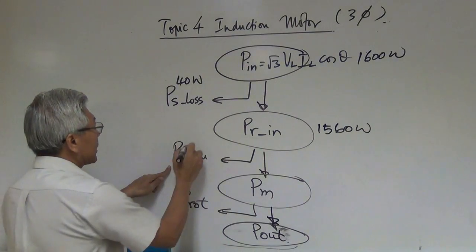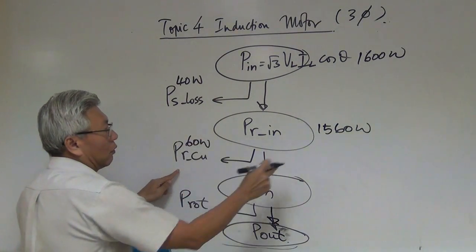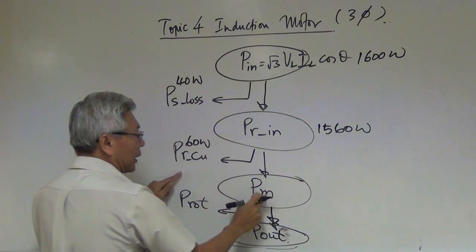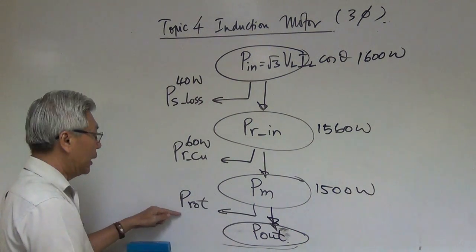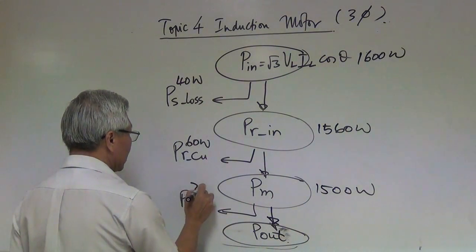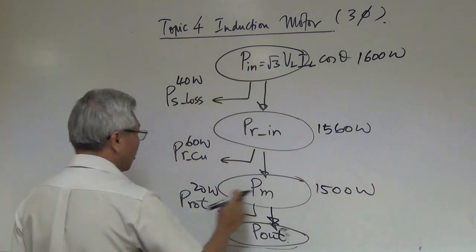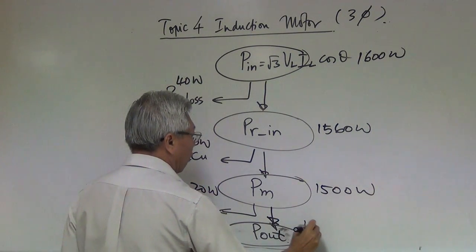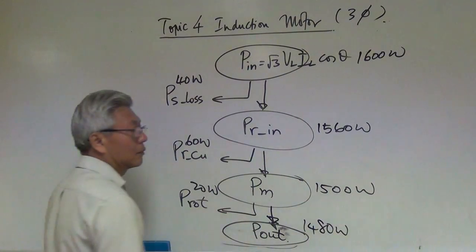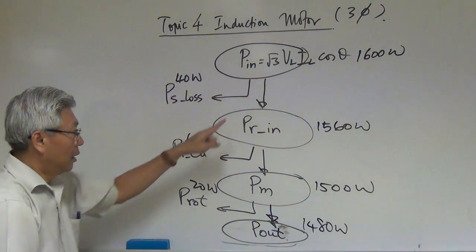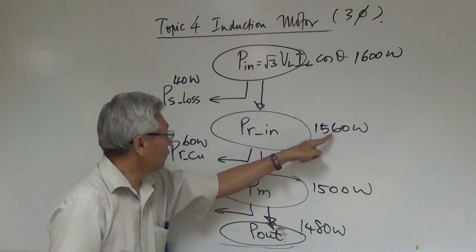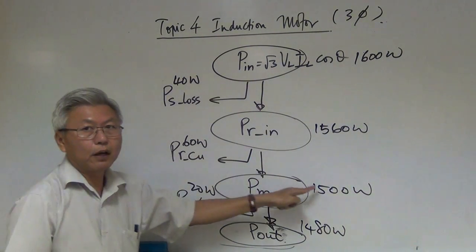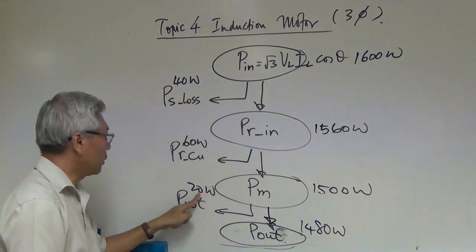And if I say this is 60 watt, 1560 minus 60 becomes 1500 watt. Right? And if the rotational loss is equal to 20 watt, 1500 minus 20 becomes 1480 watt. Get it? 1600 minus 40, 1560. 1560 minus 60, 1500. 1500 minus 20, 1480.